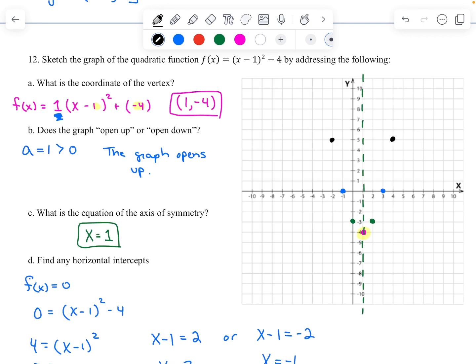These two coordinates are not necessary. However, you can place them there if you like. Now I'm going to connect all 7 coordinates with a smooth curve. And we are done.